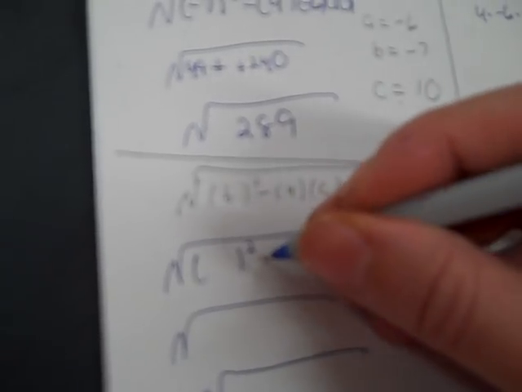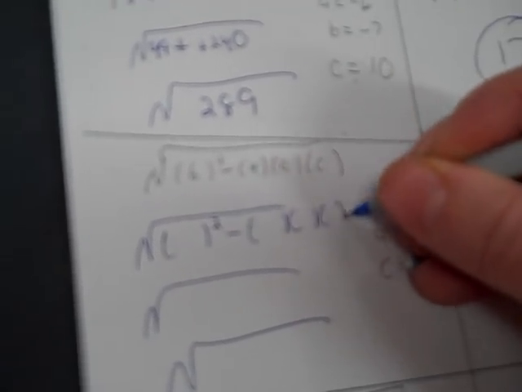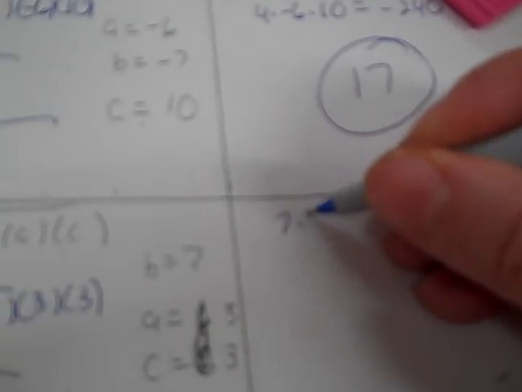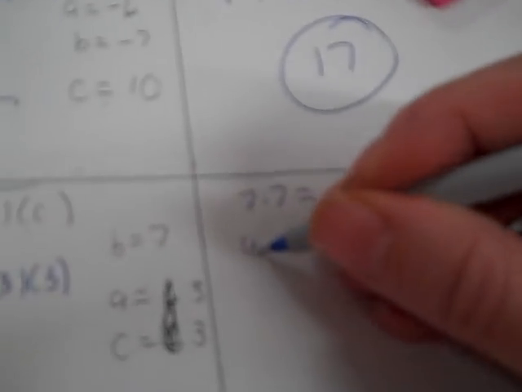Okay, next one. So parentheses to the second, and then a minus, and then 3 in a row. So the b is 7, and then 4 here from here. A is 3, and C is 3. Okay, minus. So I'm going to take 7 times itself, and I'm going to take 4 times 3 times 3.